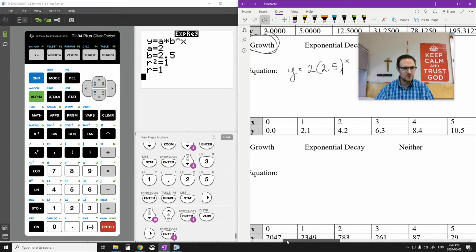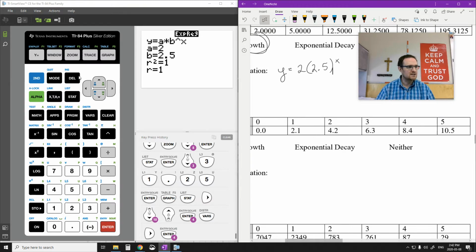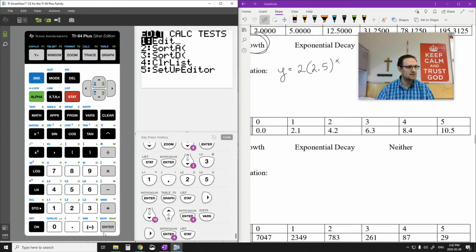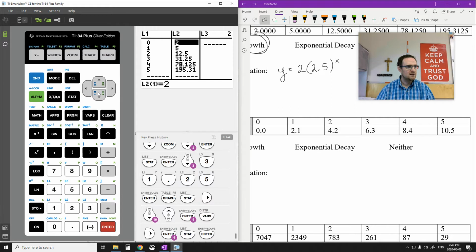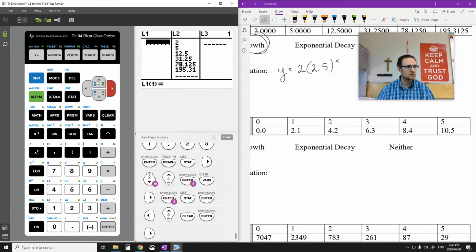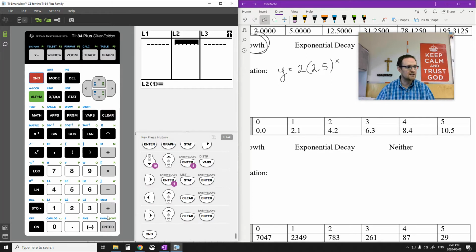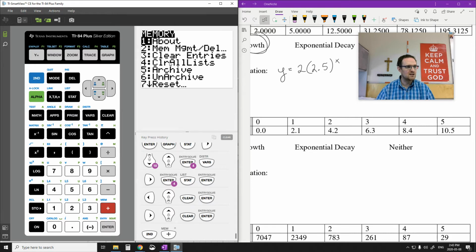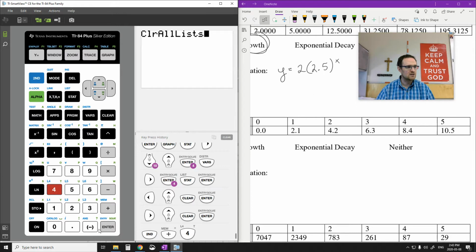So for this one here, I'm going to type in the data. So I'm going to go stat, back to edit. Now to clear these out really quickly, you can go up to L1 here and hit clear, enter. It just clears out that whole row really quickly. You can also go into second mem where it says clear all lists, number 4 there. So second plus number 4, and then hit enter.